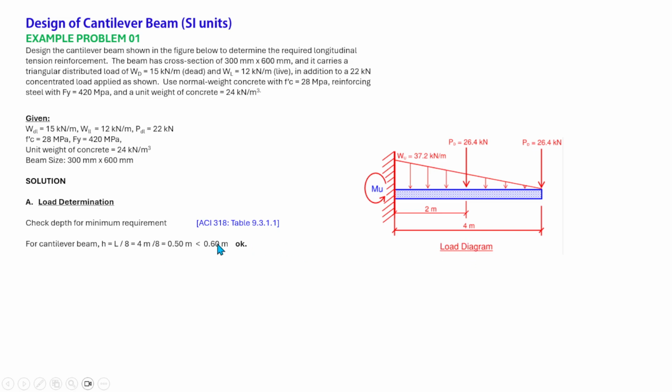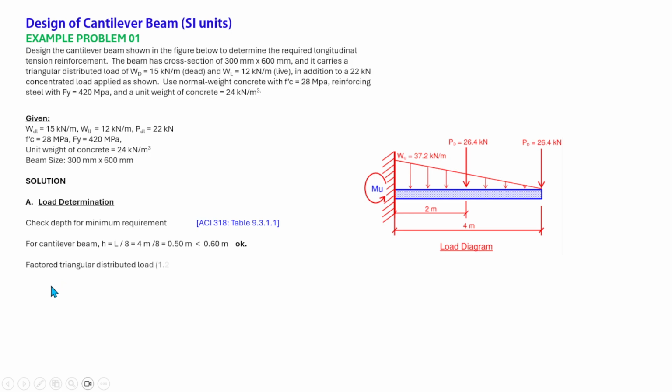We have a 4-meter span, and that is equal to 0.5 meter, which is less than the depth of beam that we used, which is 0.6 meter. So we are okay for this requirement for the depth of beam.